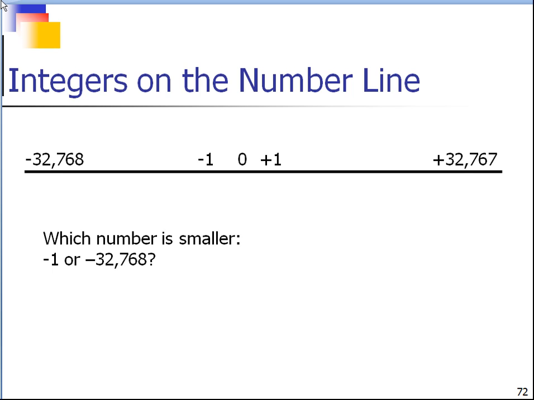So, sure enough, you draw the number line, and if you are moving to the right, the number is bigger than any number on the left. So now just imagine where the negative 232 would be and the negative 255. So negative 255 would be to the left of negative 232, so it's smaller.